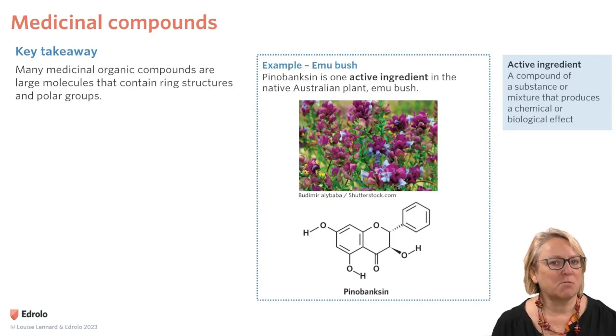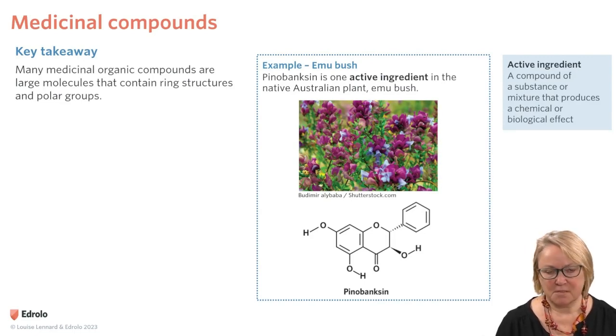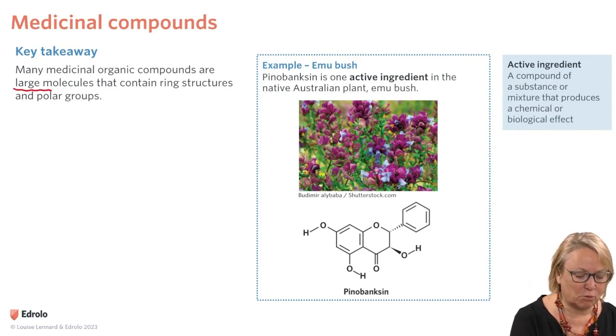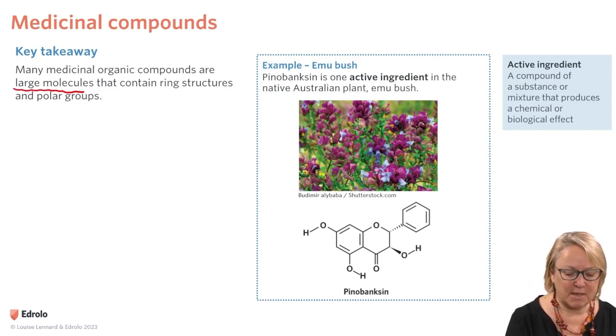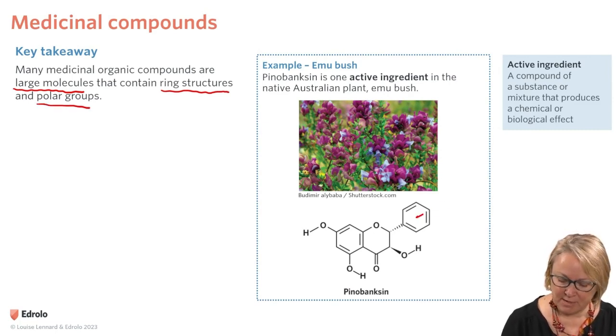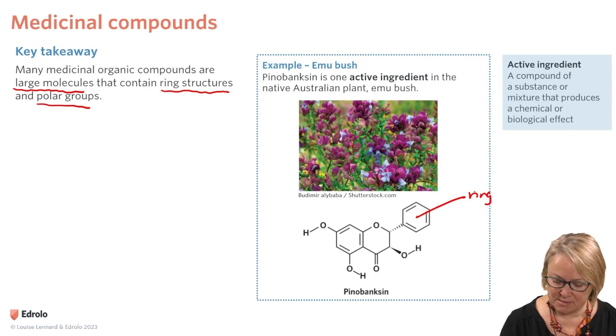Okay, let's look at some more medicinal compounds now. Many medicinal organic compounds are large molecules, not all of them, but many are large, and many contain ring structures and polar groups. So if we look here, we've got benzene rings, we've got another ring here, and we've got some polar groups.